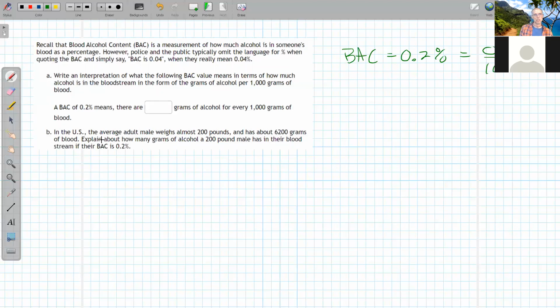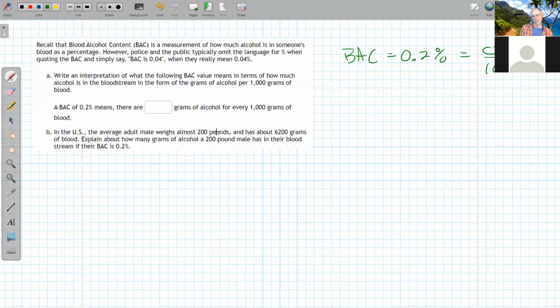In part B, they give me some information: the average male weighs about 200 pounds in the US, and they have about 6,200 grams of blood. Explain how many grams of alcohol a 200-pound male has in their bloodstream if their BAC is 0.2 or 0.2%.